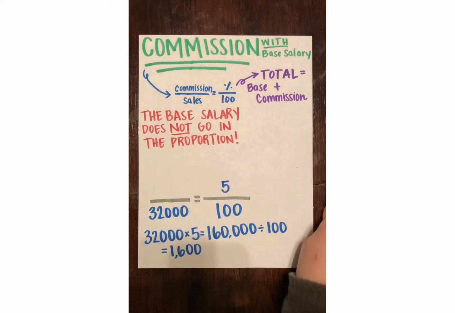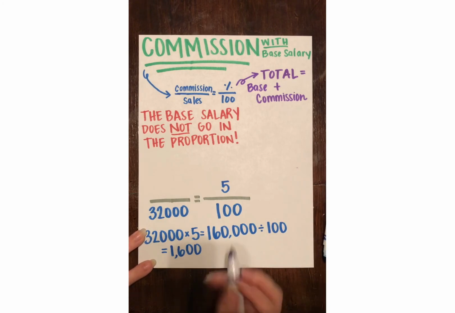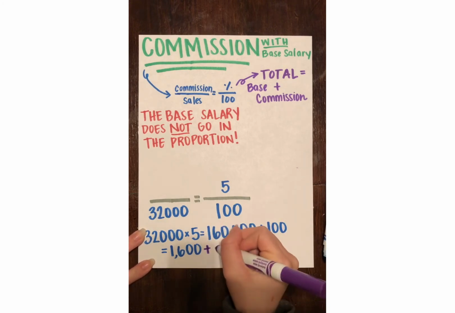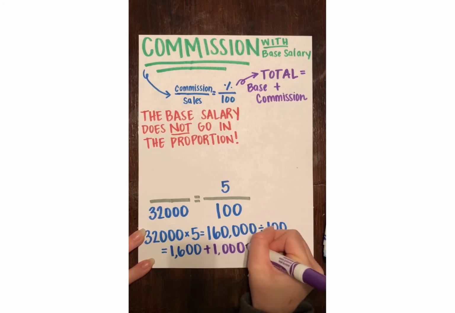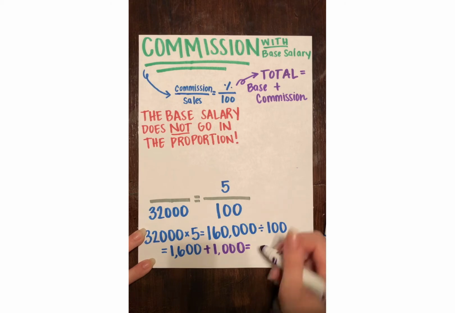Now he also had a base salary that we need to remember. He had a base salary of $1,000. So to find our total that he will be bringing in for the month, we have to add in that 1,000. So his paycheck for the month is actually going to be $2,600.